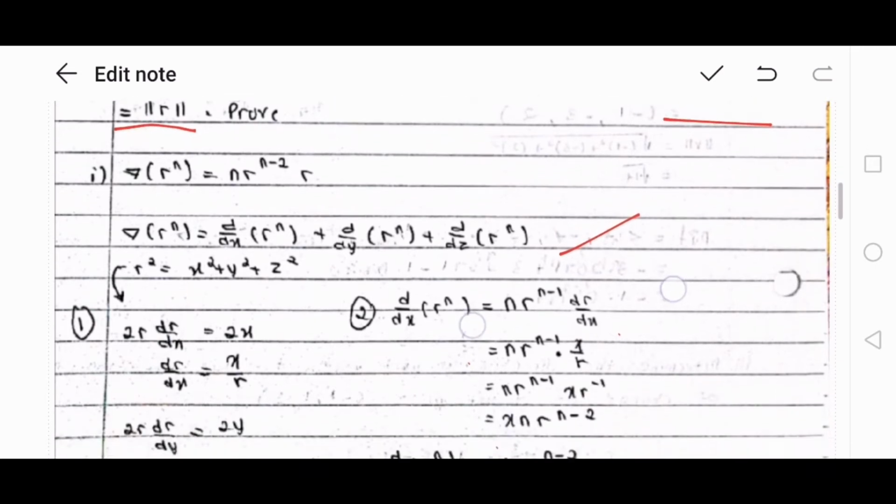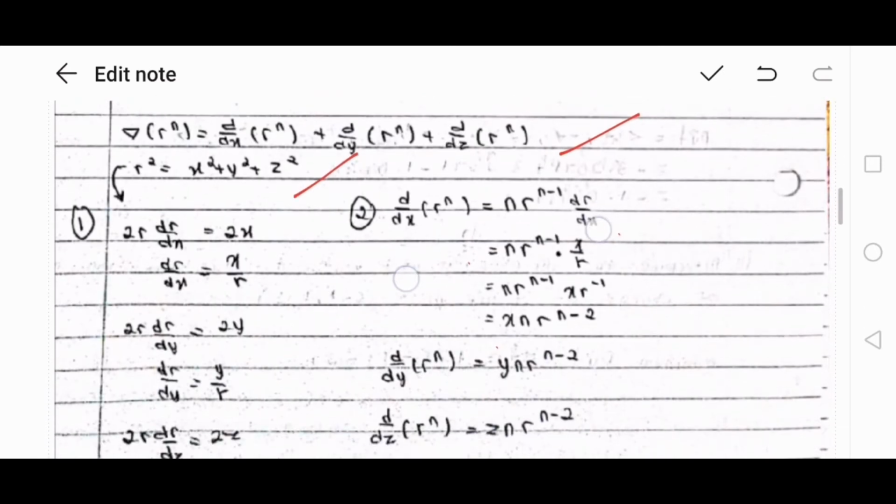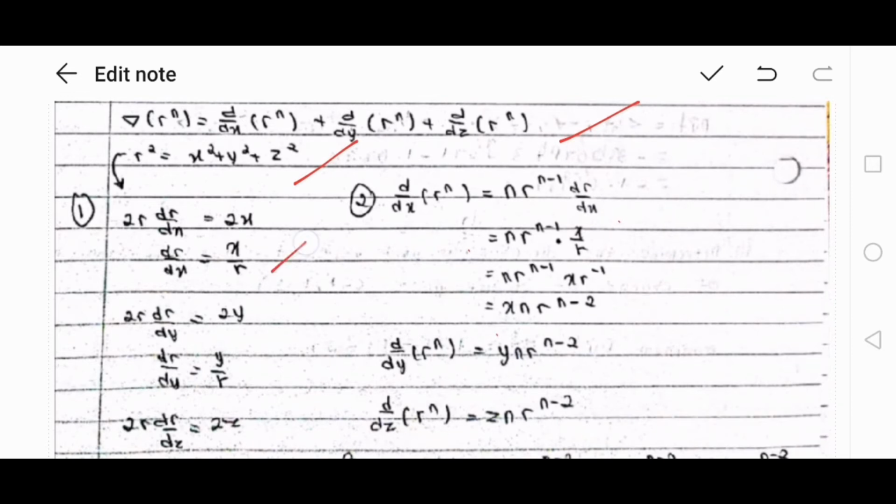Then from the equation in the question, r squared equals x squared plus y squared plus z squared. We differentiate it in terms of x, we get dr over dx equal to x over r. Then differentiating in terms of y, we get dr over dy equal to y over r.